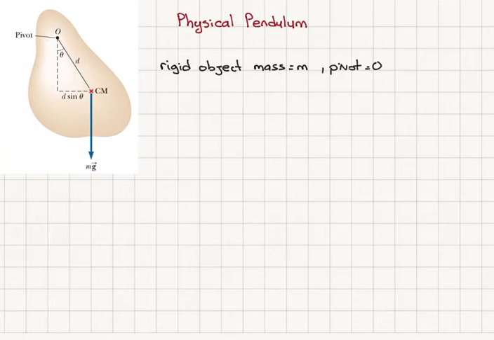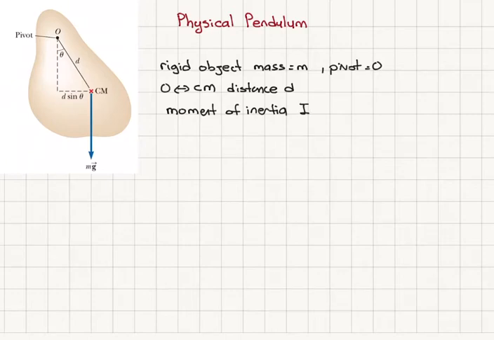It has a center of mass located at a certain position Cm, as shown in the figure here, so that the gravitational force will appear at the center of mass. The pivot point O to center of mass distance is d.